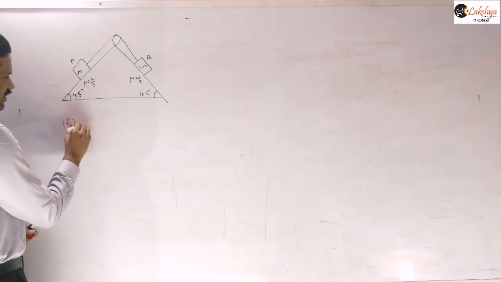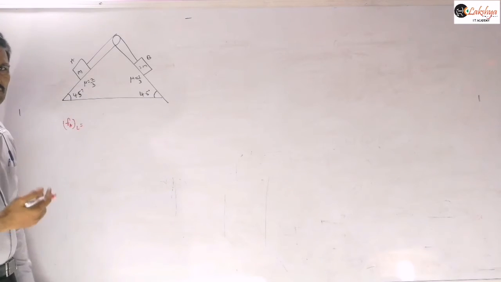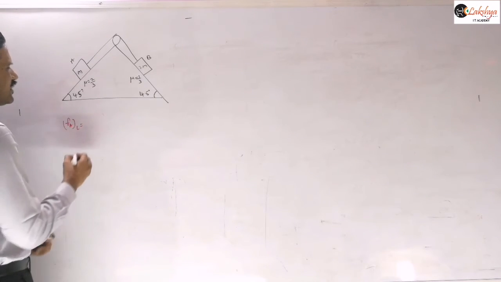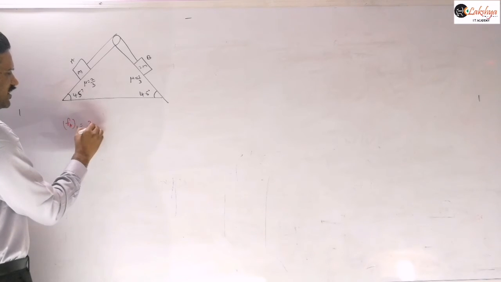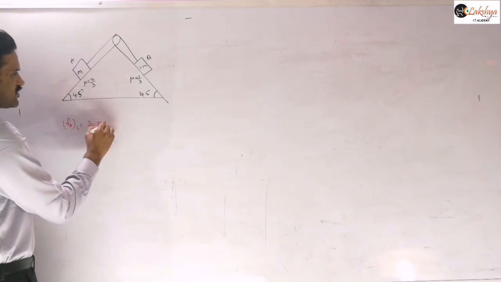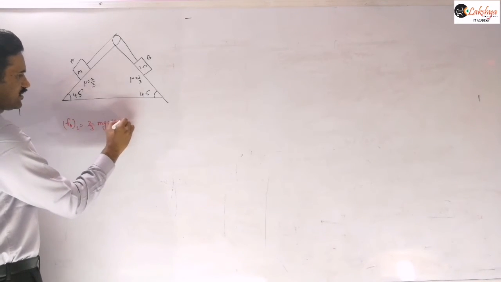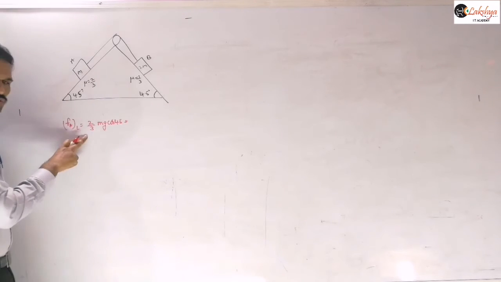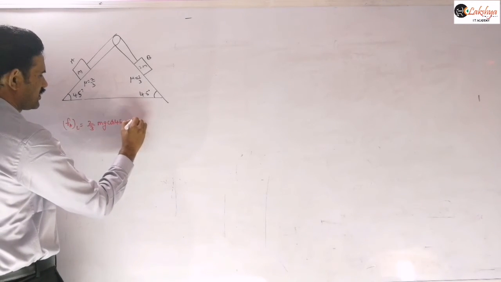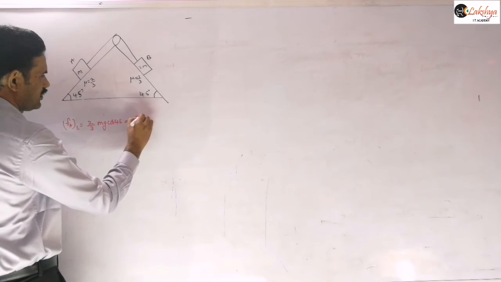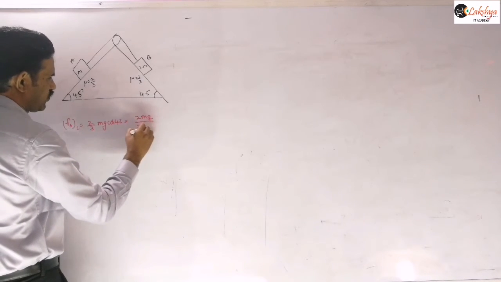So F_A limiting I am writing here, or you may write maximum value. F_A limiting value is mu N. So mu value is 2 by 3, that is given here, times mg cos 45. This value I can write as 2mg by 3 root 2.